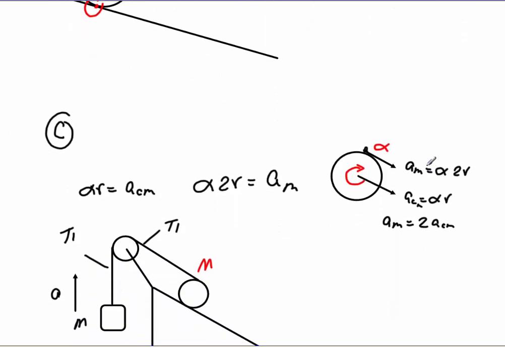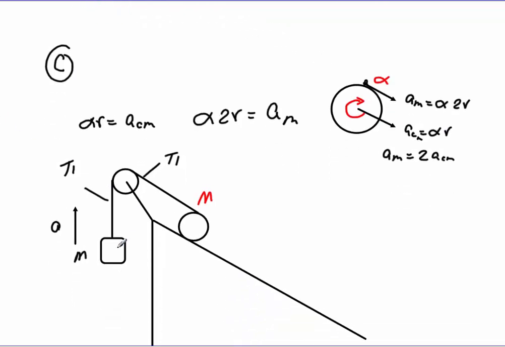So it's stated here, the acceleration at some point up here would be alpha times 2r, and the point here would be, excuse me, acceleration of the center of mass would be alpha times r. So we can tell from that, if we go back to the picture, that this object here is going to accelerate upward twice what the object here is going to accelerate downward.